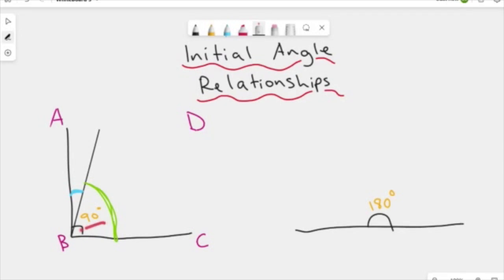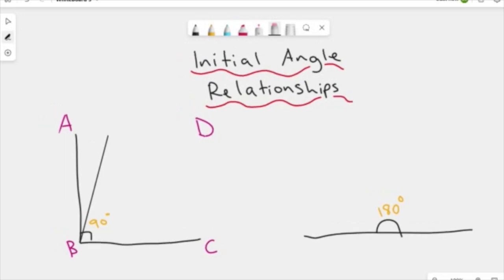What if I went the other way, right? What if I move my line somewhere else, down here, for example.